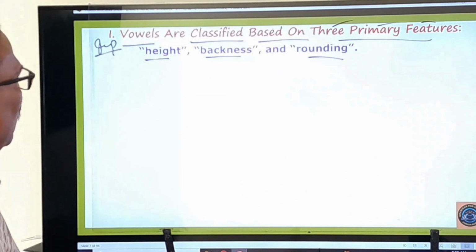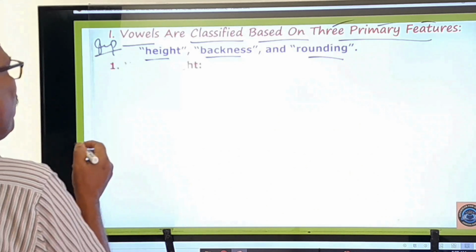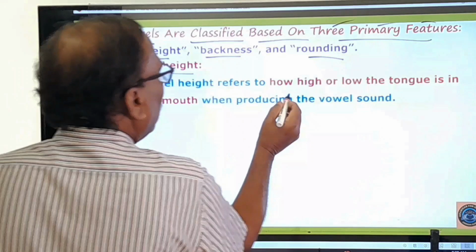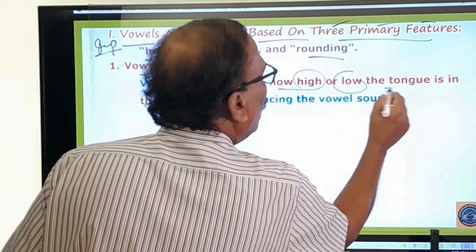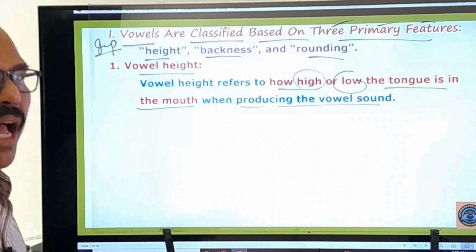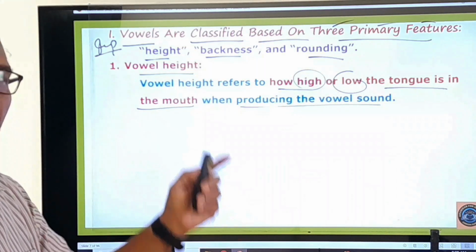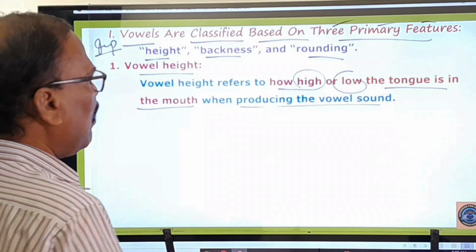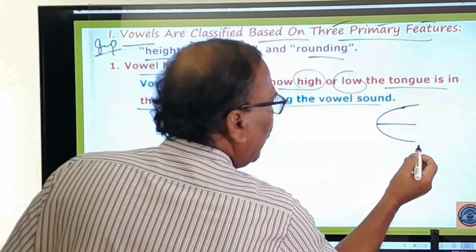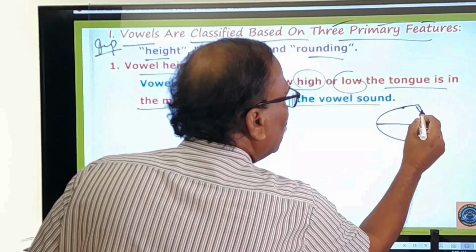Okay, let us learn about the height first of all. Number 1, vowel height. What do you mean by that? Vowel height refers to how high or low the tongue is in the mouth when producing the vowel sound. I am writing down everything clearly on the board. For example, this is the mouth and this is the tongue. These are the teeth, take for granted.